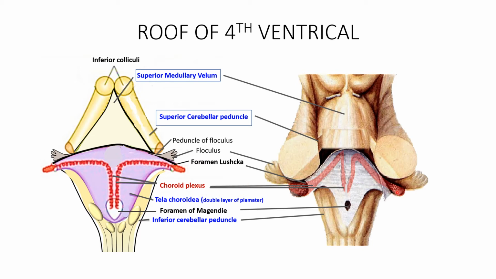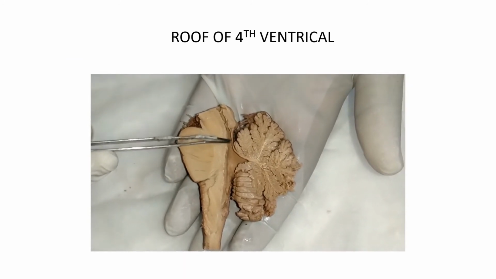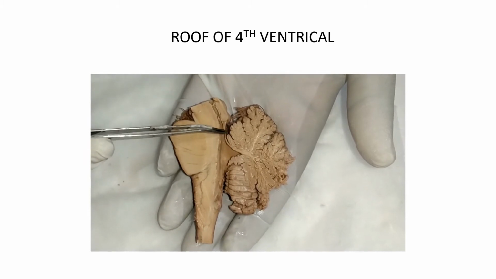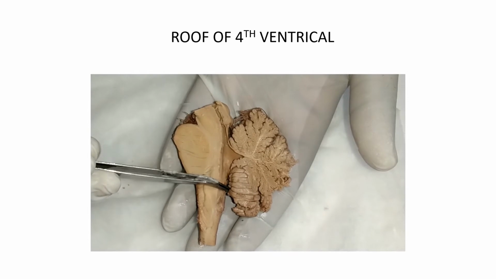We can see the roof of the fourth ventricle on this specimen. Here you can see this is the roof, also called the posterior wall.